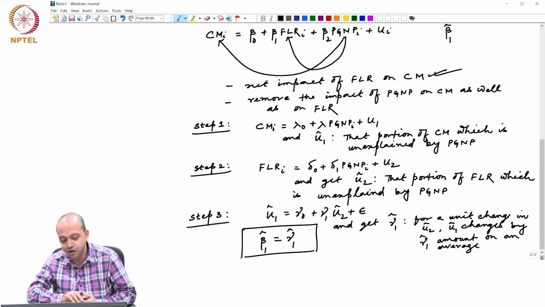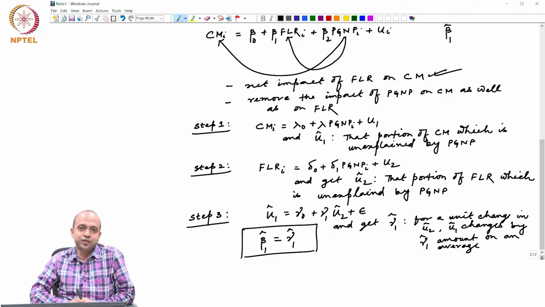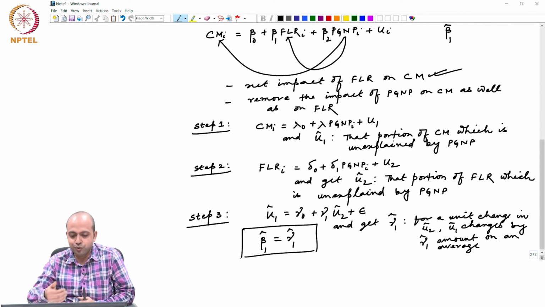So, this is how we can get the net impact of FLR on CM following these 3 steps, okay. So, the idea is, since we want to get the net impact of FLR, we need to remove the impact of PGNP on FLR as well as CM. And how will you remove?